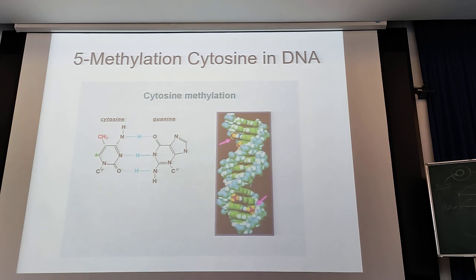You have four types of nucleotides, right? Four types corresponding to four types of bases: adenine, cytosine, guanine, and thymine. And DNA methylation mostly happens on cytosine. The cytosine in this case will have another methyl group added at the carbon here, carbon number 5.